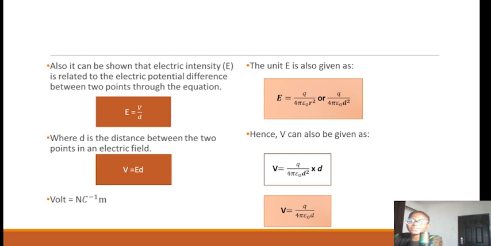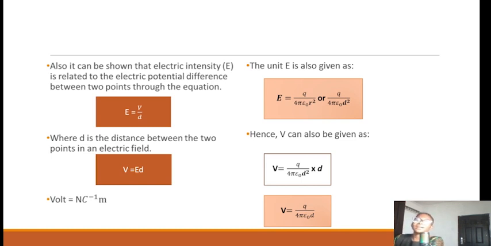So E will now be Q over 4 pi epsilon naught D squared, then multiplied by this D. So we cancel one D. Our V can be given as Q over 4 pi epsilon naught D. And that is our potential.